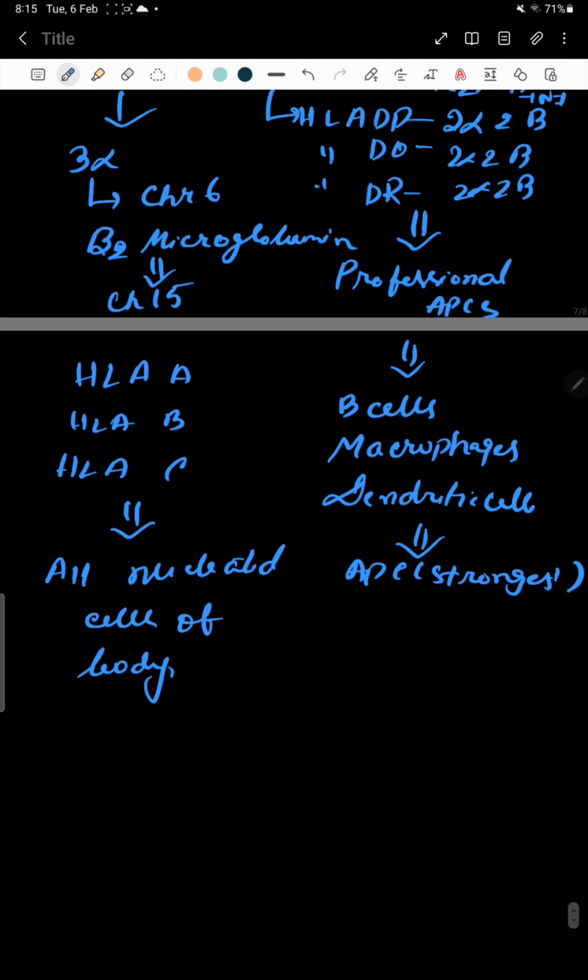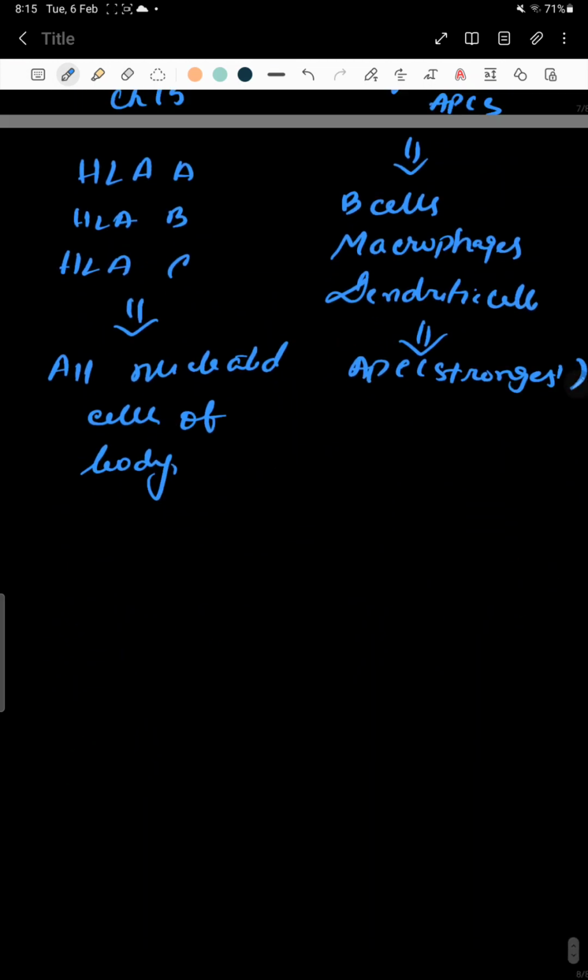What is the basic difference between MHC1 and MHC2? The MHC1 is responsible for representing the intracellular pathogens, the endogenous proteins.